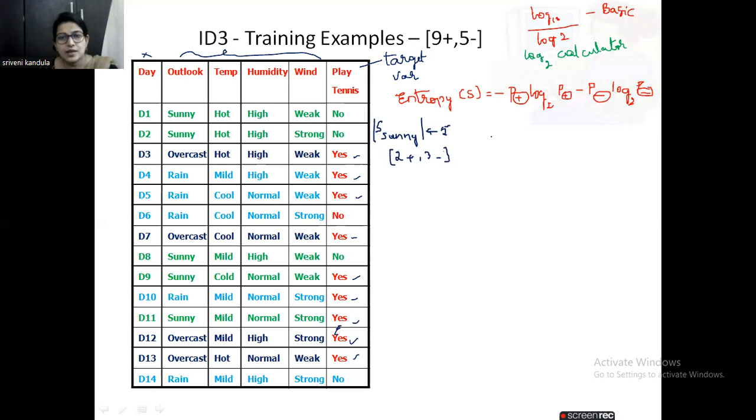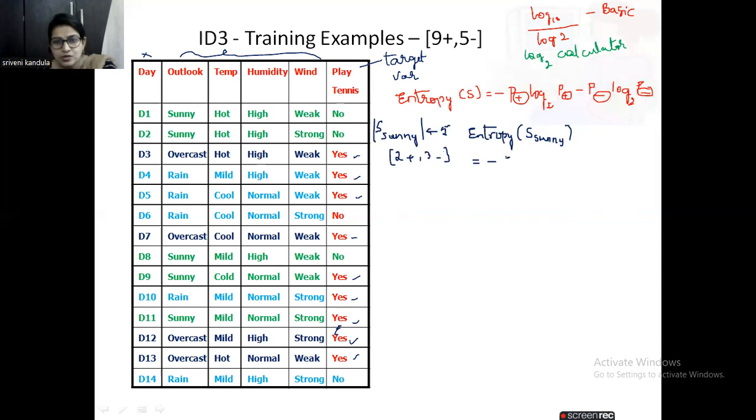So now let us calculate the entropy of sunny. The formula is the same, which is given as minus P positive.